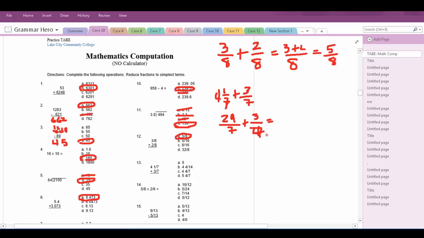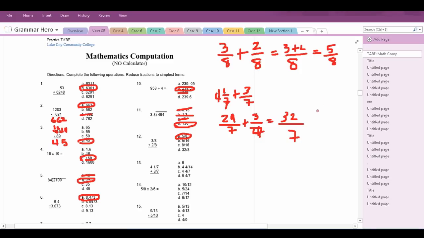Oops, I don't know why I wrote 4 there. Again, up here we kept the bases the same, 7 and 7, so we could just drag over that 7. 29 plus 3: 29, 30, 31, 32, so we got 32 over 7. Now this becomes a division problem, so we have to reduce it.